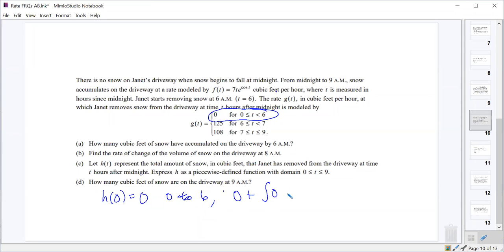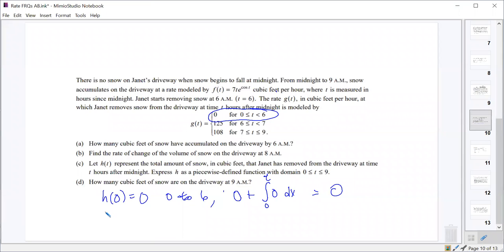Well, the integral of 0 dx from 0 to t, right? So she's removing 0 cubic feet per hour from t equals 0 to some time that is between 0 and 6, which still ends up just being 0. Everybody good with that so far?